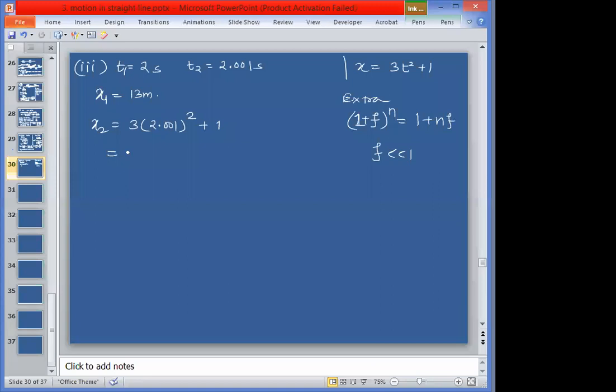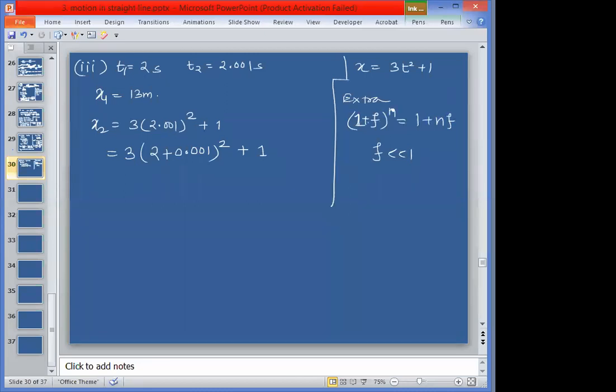Yes sir, here you can write this 2 as it is plus 0.001. 2.001 can be written as 2 plus 0.001, bracket squared, as it is, plus 1 as it is. So sir, this is the 1 plus fraction raised to n format.